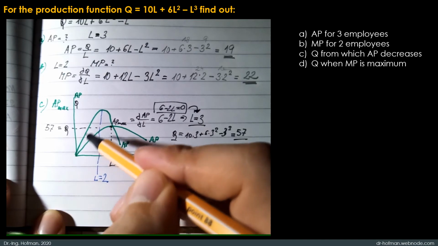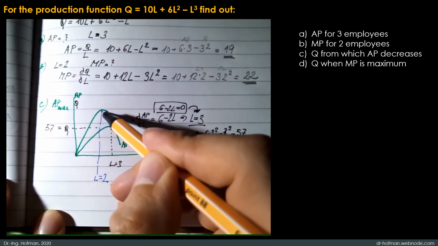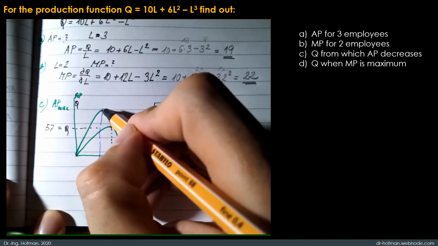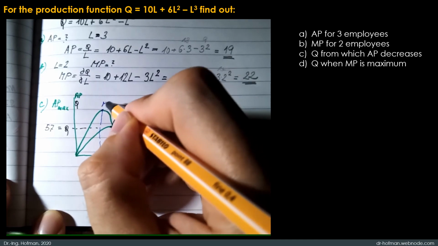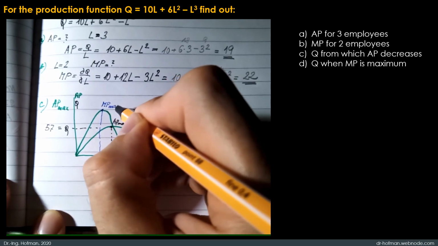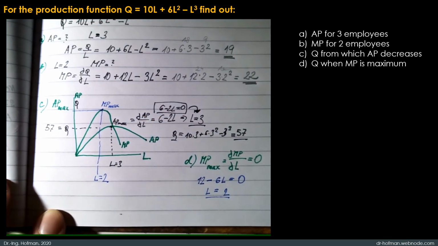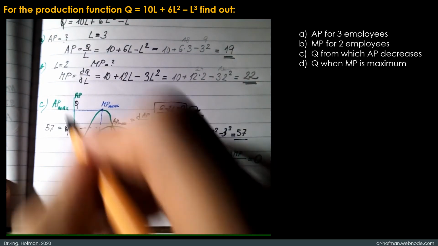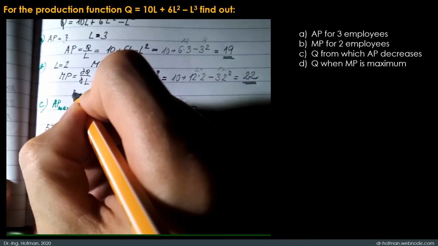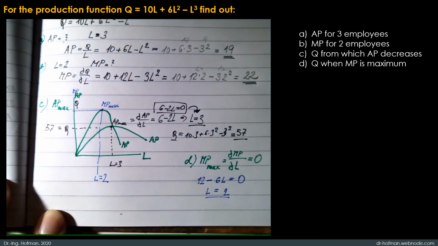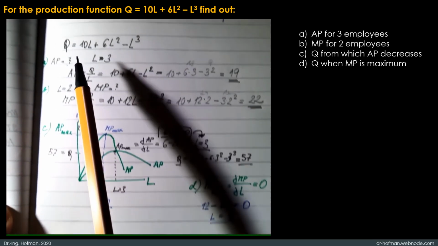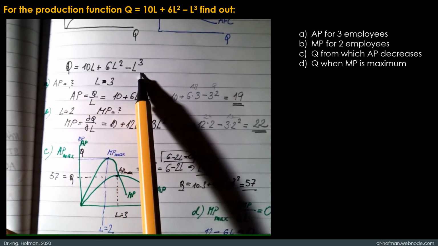We have the point MP max, coordinate L. The function of marginal product is maximal at this point. And we are also searching for the Q coordinate of this point. We are also measuring marginal product, so it's good to write it on the y-axis.